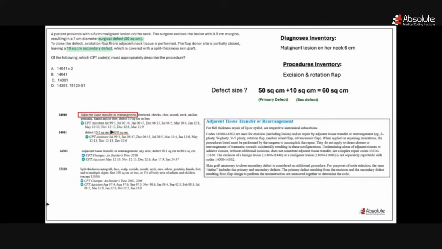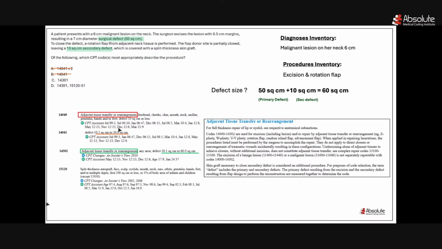So you have to add both of them for code determination, and that would be 60 square centimeter. So that makes option B incorrect, right? And option C is coding for adjacent tissue transfer of any area 30.1 square centimeter to 60 square centimeter. Yes, so that is going to be your code, and not option A.